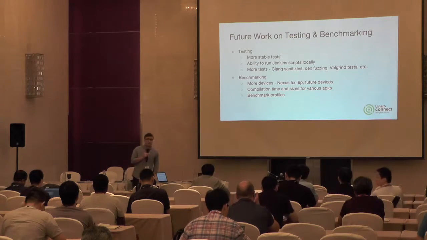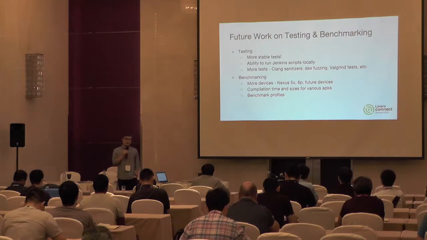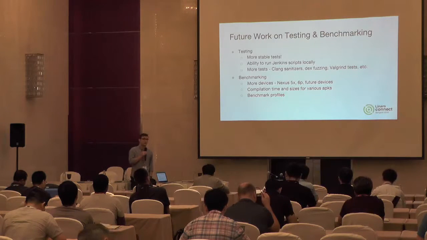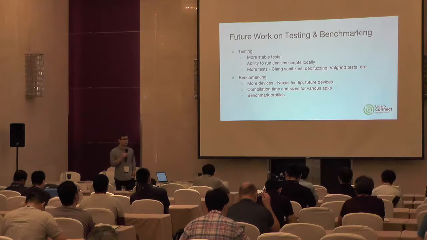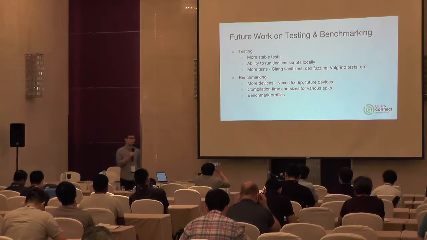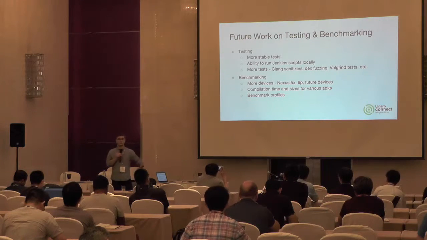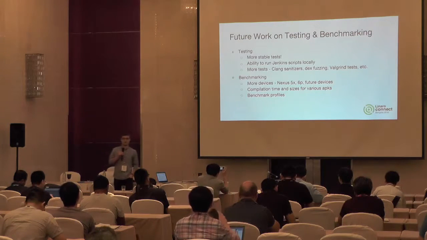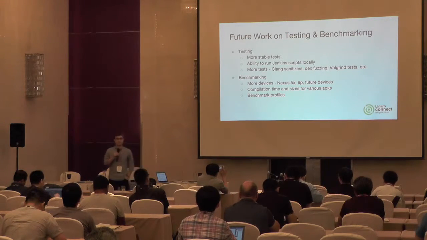We're working on the ability of running the same scripts that Jenkins runs locally, because sometimes doing things slightly differently might be causing a different test failure. One of the big differences between running the tests locally and running the tests in Jenkins is that in Jenkins we use a chroot sort of environment.